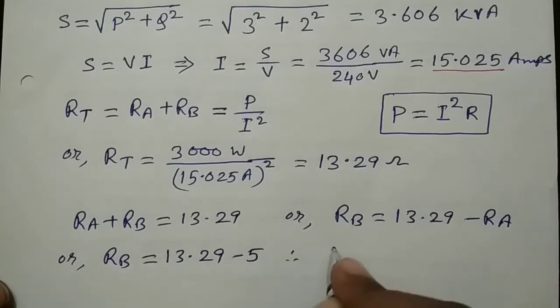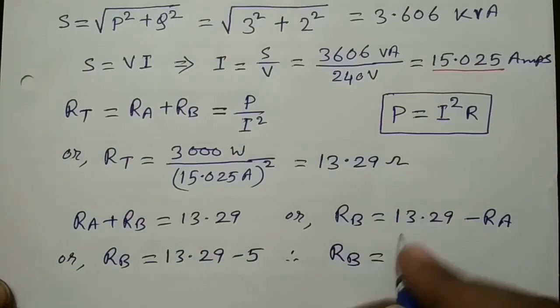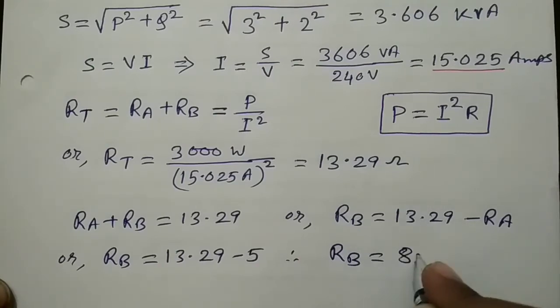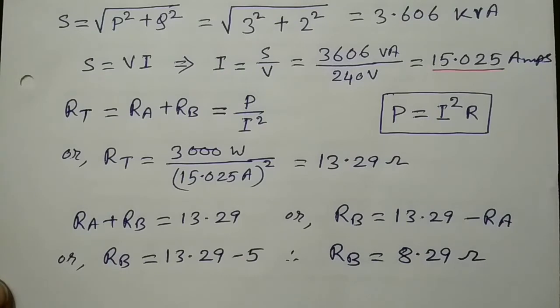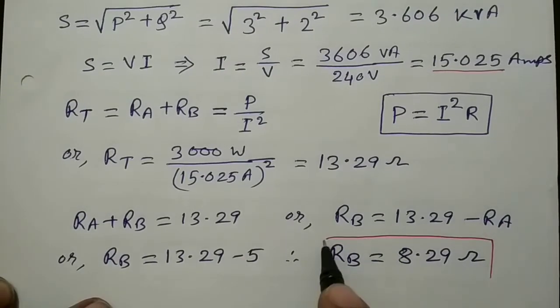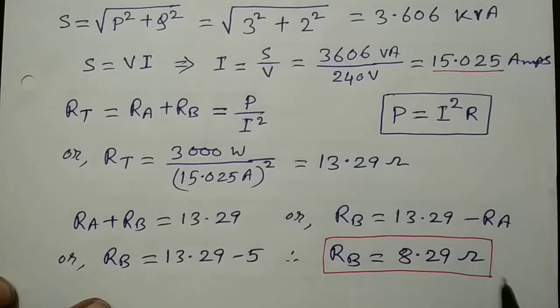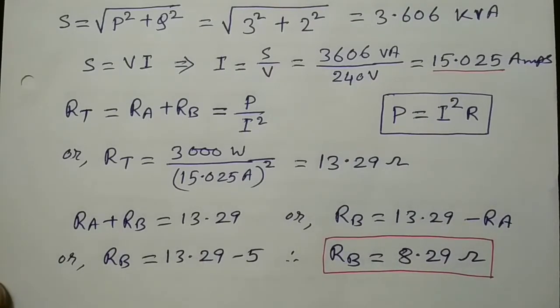So the value of Rb will be 8.29 ohms. So this is the resistance of coil B that we have calculated.